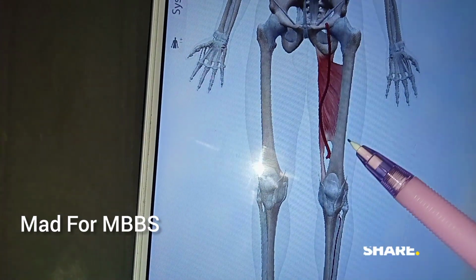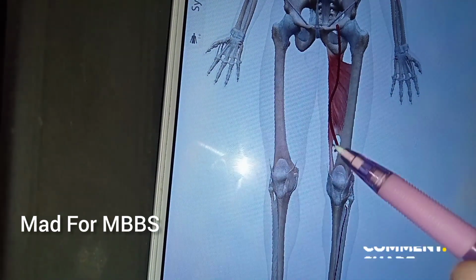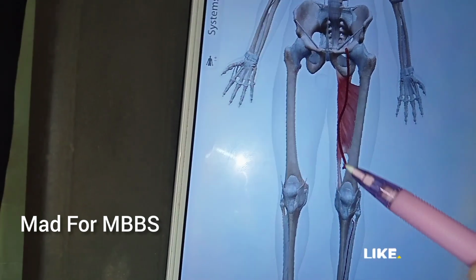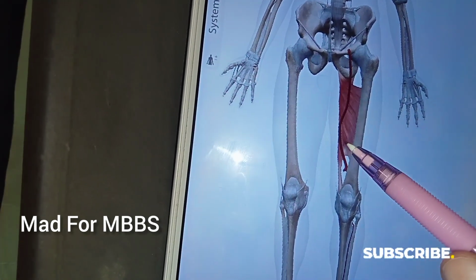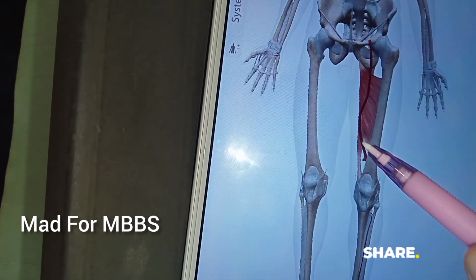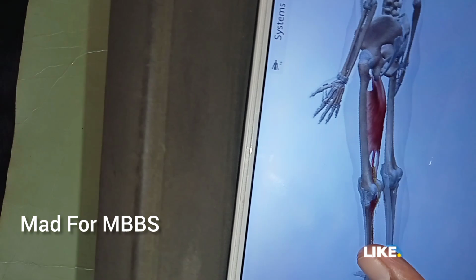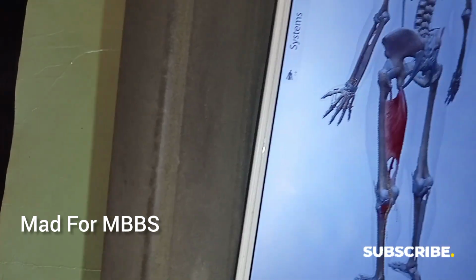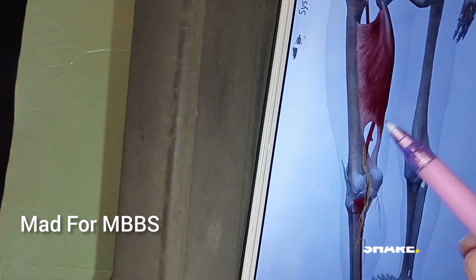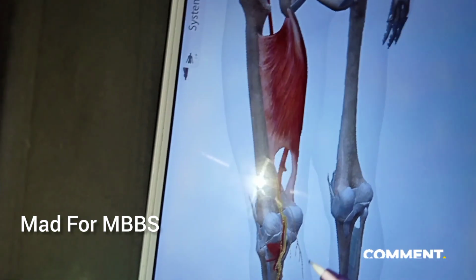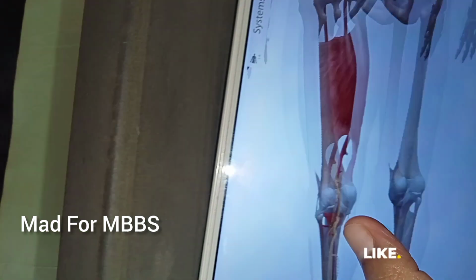In the adductor magnus, this is the adductor magnus muscle and this is its tendinous opening. So, femoral artery passes through the opening in adductor magnus muscle and it forms the popliteal artery. This is a popliteal artery and then it runs downwards and laterally.